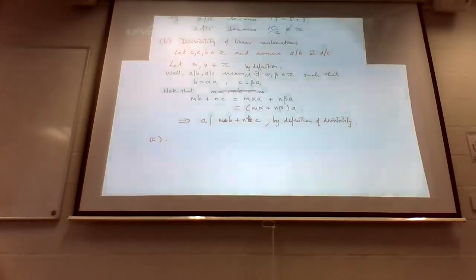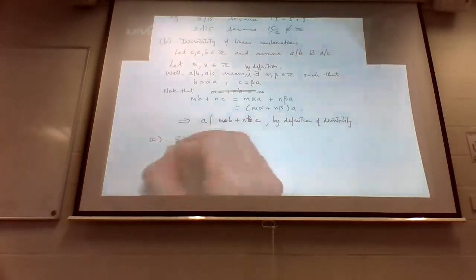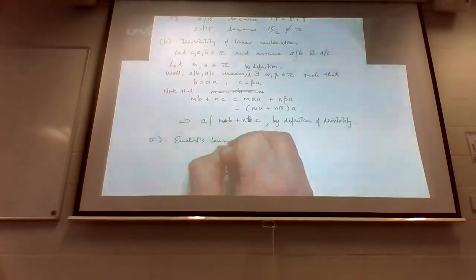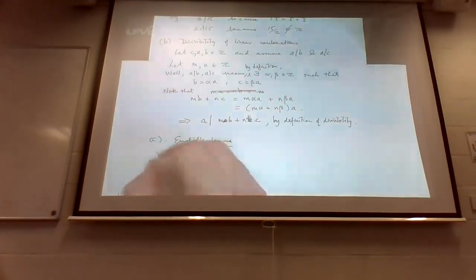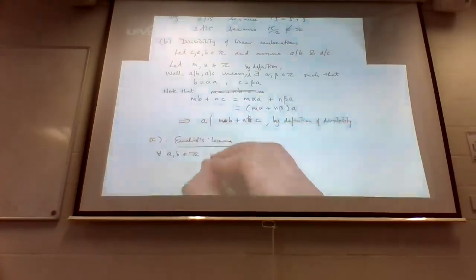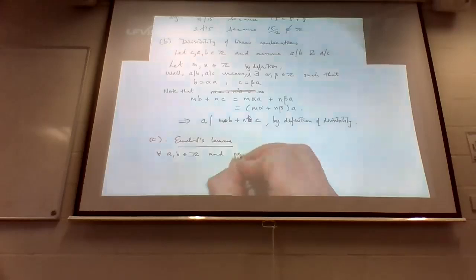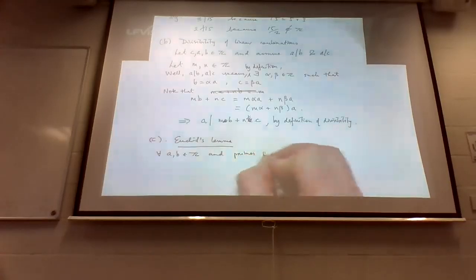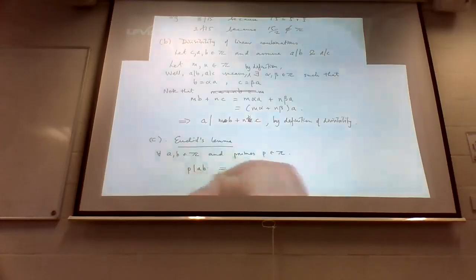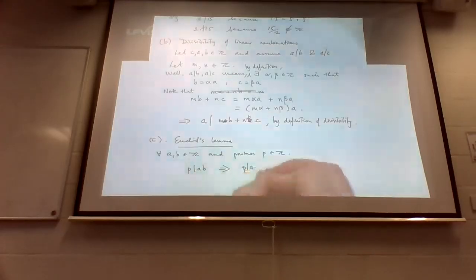So Euclid's lemma. For all A, B in the integers and primes P, P divides AB implies P divides A or P divides B.